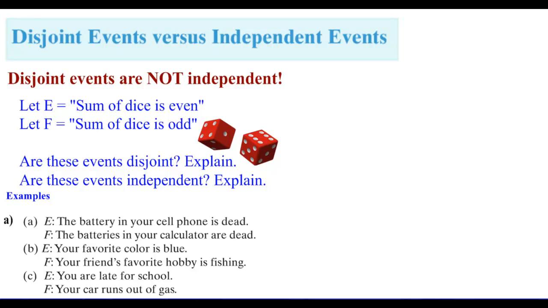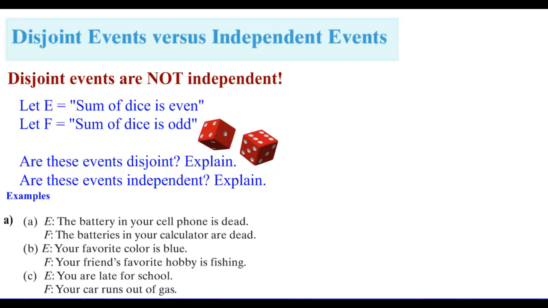If you were drawing a card, you could not be a heart and a spade at the same time. Those are all disjoint. However, independence is talking about if the probability of one thing is impacted by another. So disjoint events are talking about if they can happen at the same time or if they share some of the same outcomes. And dependence or independence is discussing if one impacts the probability of the other.